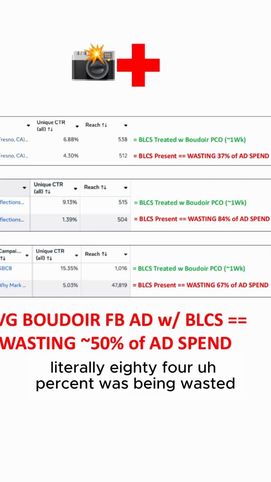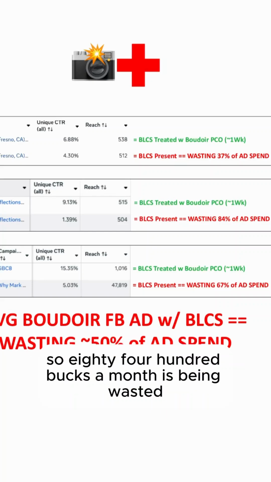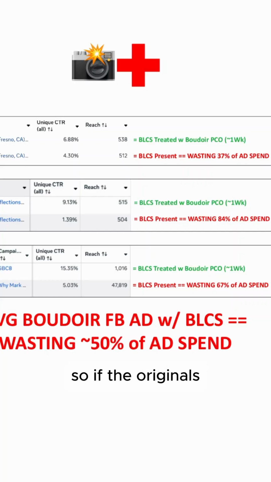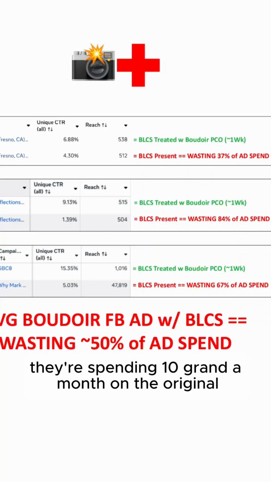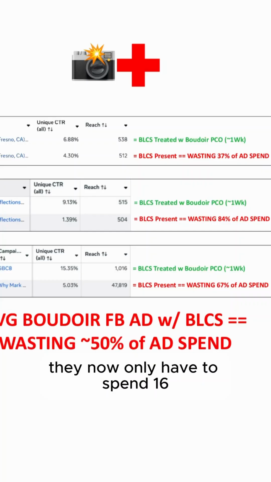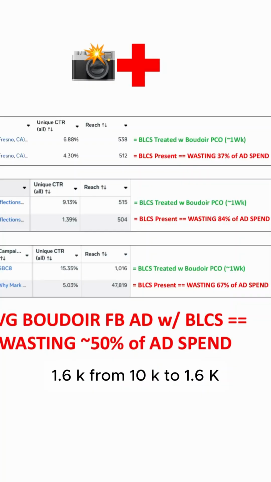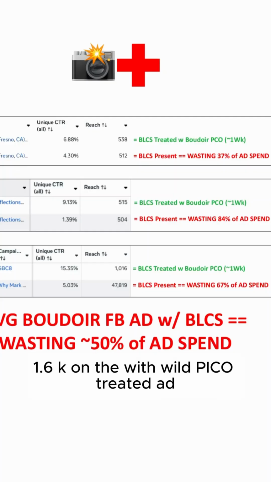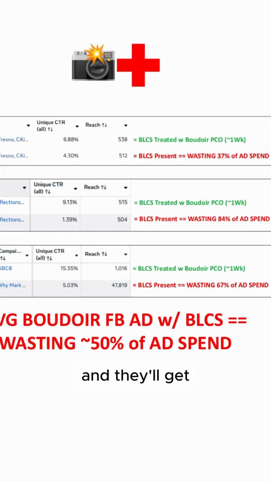So found the original, if they're spending 10 grand a month on the original Boudoir Facebook ad, 84% was being wasted. So $8,400 a month is being wasted. So they now only have to spend 1.6K, from 10K to 1.6K, on the Boudoir Pico treated ad, and they'll get that into the same number of women's brains in both scenarios.